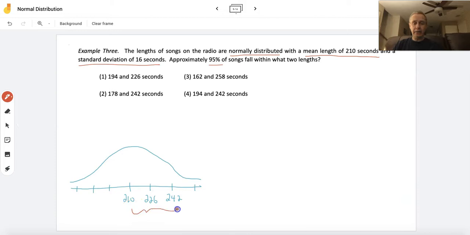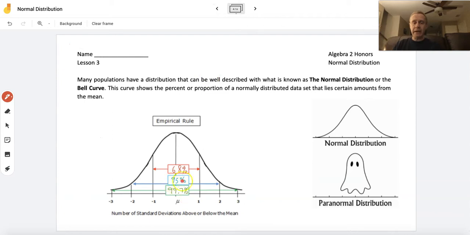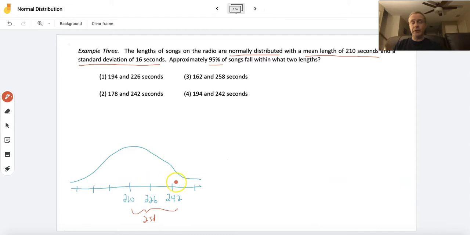Now, not that you have to write this down, but in a normally distributed problem, we find 95% of our data when we go 2 standard deviations above the mean and also 2 standard deviations below the mean. So for this question, I don't need to label anything higher than this because this is as far as we need to go.